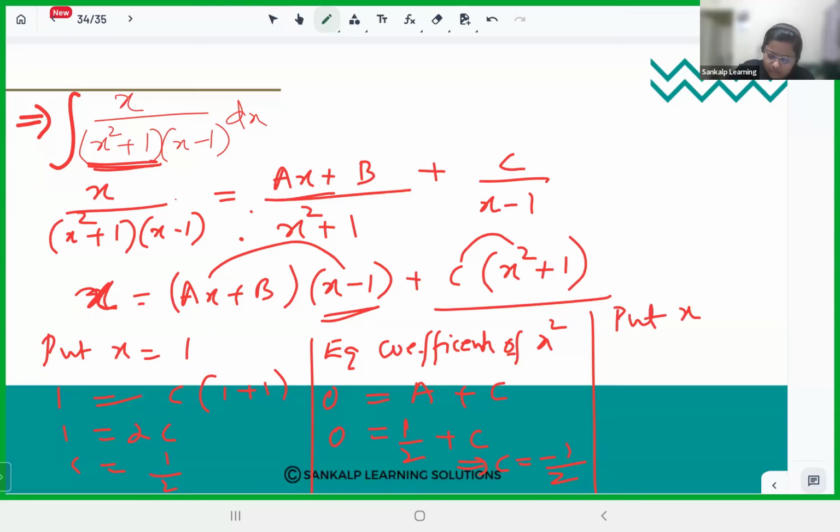Now put x equal to 0. So 0 is equal to, this term is equal to 0, A into 0, right? Then plus B only will be there.